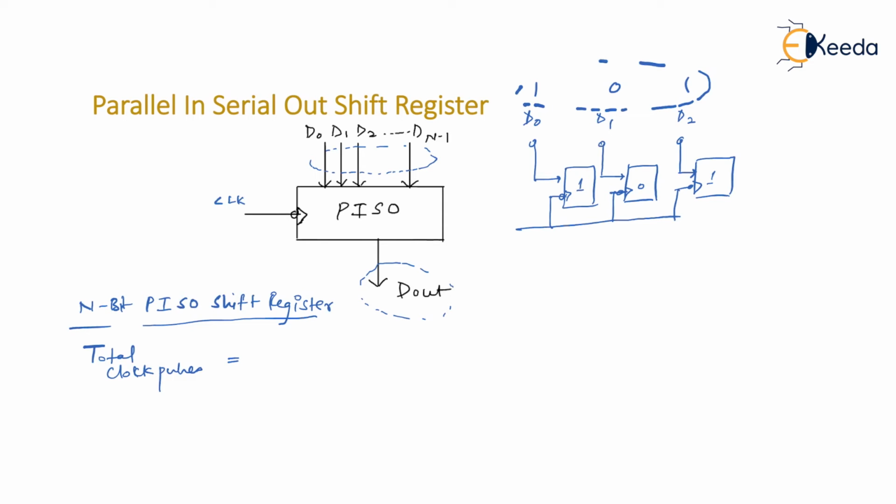Over here it is very clear. Since the input arrangement is parallel, you require only one clock pulse to store the data. And when it comes to the serial out pin, you know that for taking the data serially out, you definitely require n-1 clock pulses.